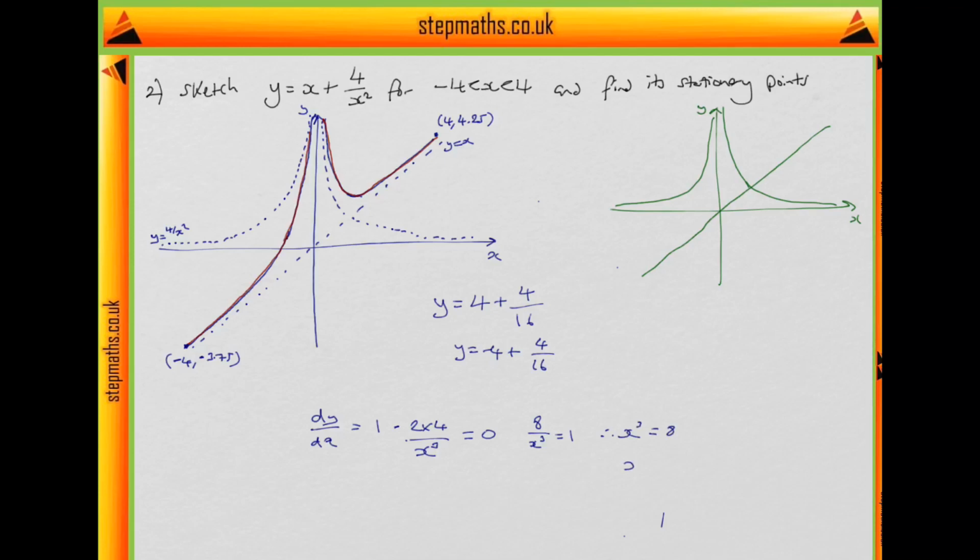So the only real solution of that is x equals 2. Subbing that in, y equals 2 plus 4 over 2 squared, so y equals 2 plus 4 over 4, y equals 2 plus 1, y equals 3. So therefore we have a stationary point at 2, 3. So what we'll do is label that on here, 2, 3. And that's our graph.